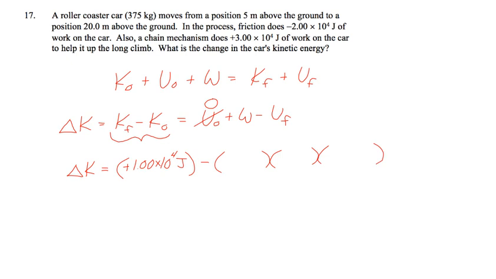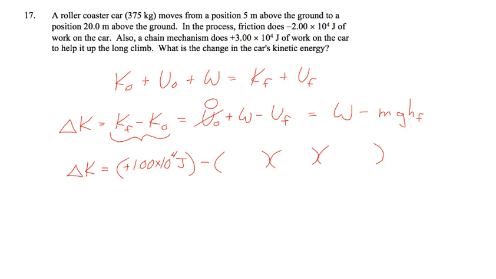I suppose I should have had a step here where I showed that. We know that U is mgh, so I just went right to putting in the parentheses here. I probably should have had a step where I wrote W minus mgh. So maybe I should at least do this. W equals mg times the final height. So I can say that this is where these 3 parentheses came from. So my m is going to go in here, my g is going to go there, and my final height is going to go right there.